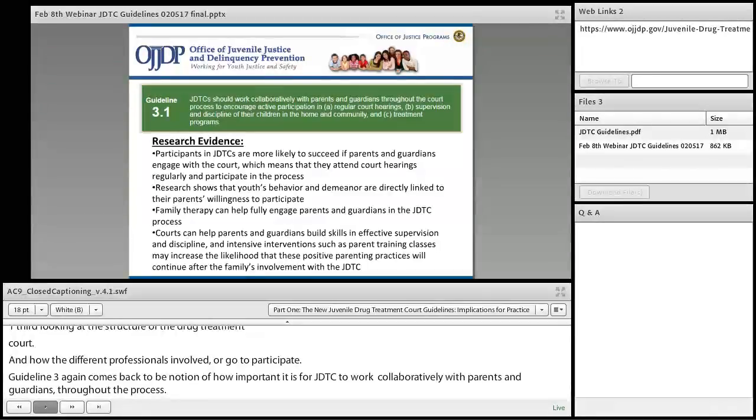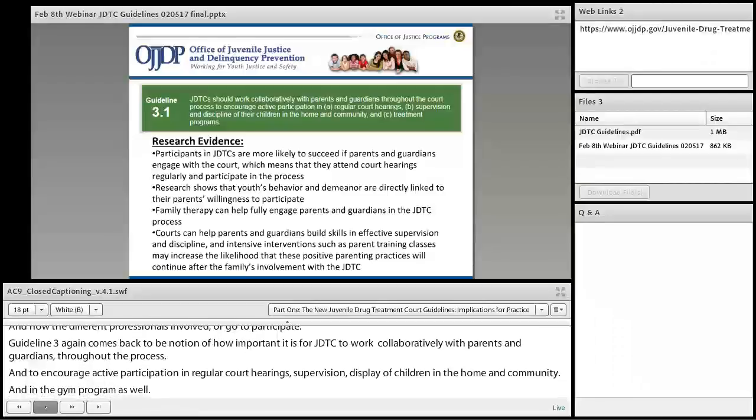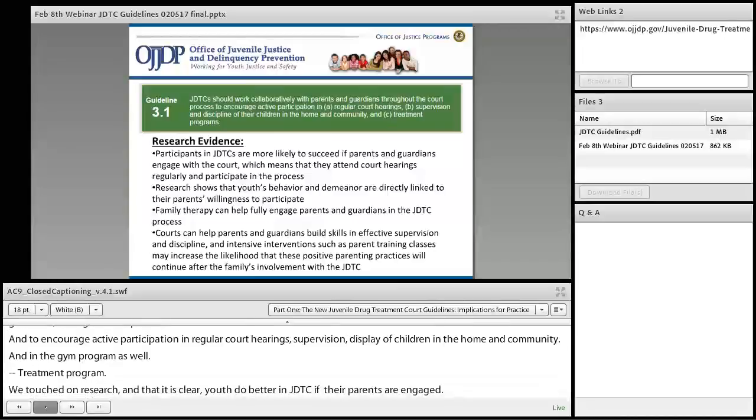And so here again, some of this we've already touched on in terms of the research. It's clear that youth do better in the drug treatment court if their parents are engaged. It appears from the research that when the parents are not willing to participate, that can have a detrimental effect on the young person in terms of how they participate in the program.